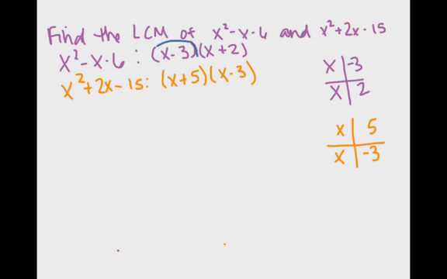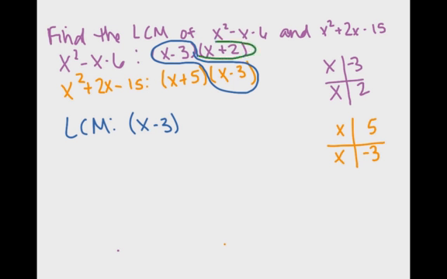Now we see we have x minus 3's in common, so our LCM is going to have 1 x minus 3, because that's what they have in common. And then we have to multiply by the other terms that are left.